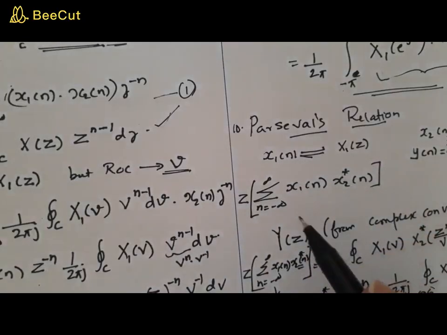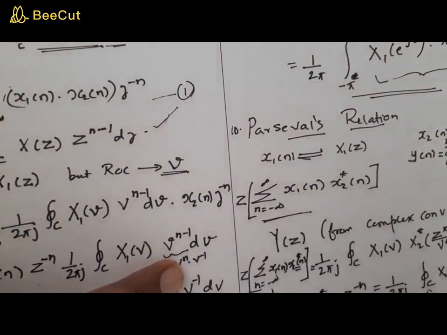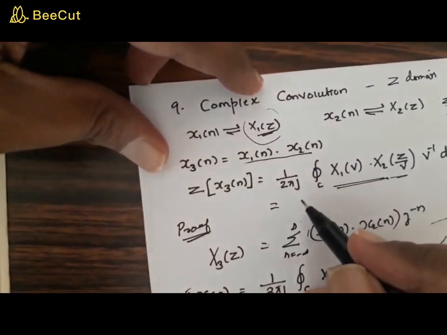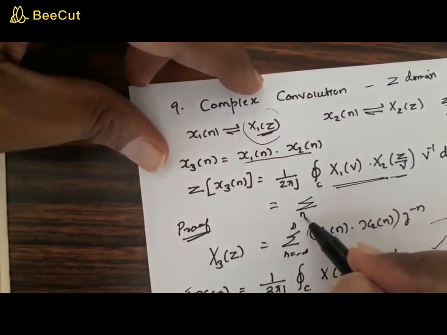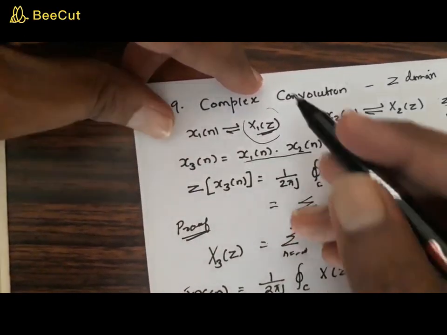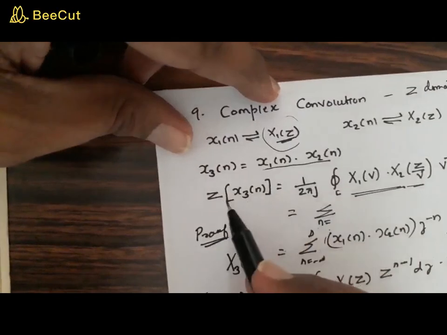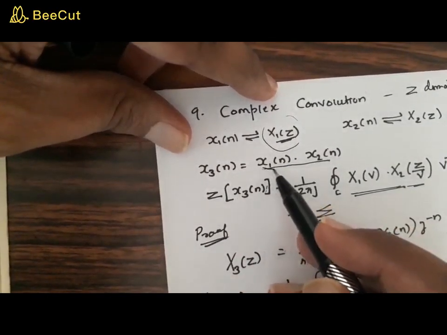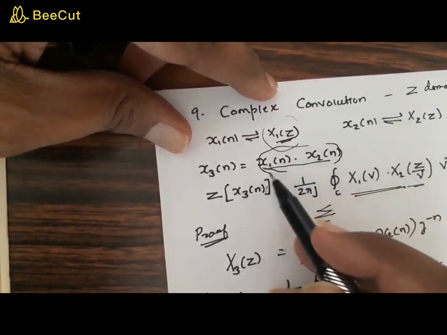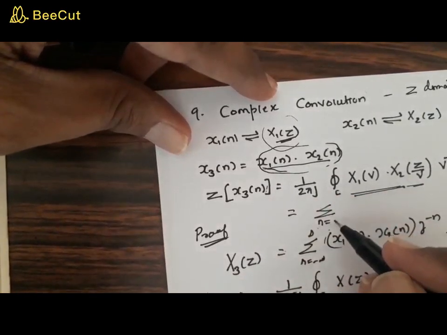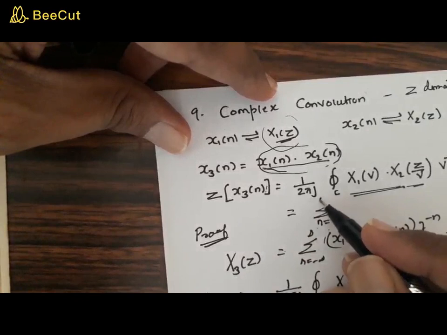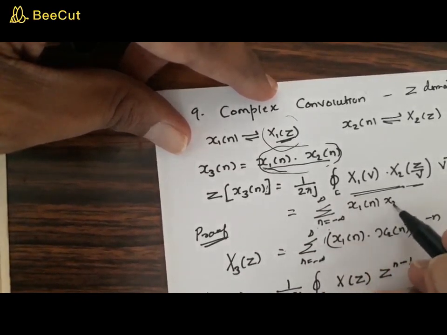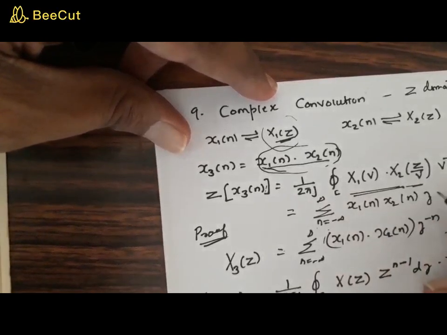Now to get this expression, we can basically start from this expression. What is basically this? This is the complex convolution. The complex convolution is the z transform of x3 of n, or in other words, it is the z transform of this product. So you can use the basic expression, n equal to minus infinity to plus infinity x1 of n into x2 of n into z raised to minus n.